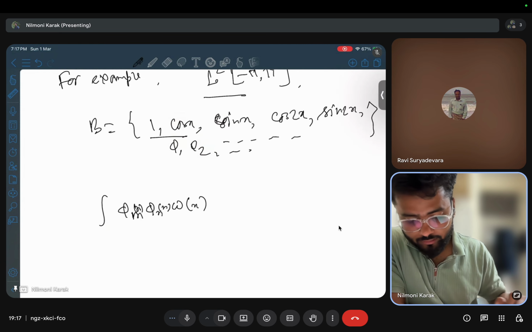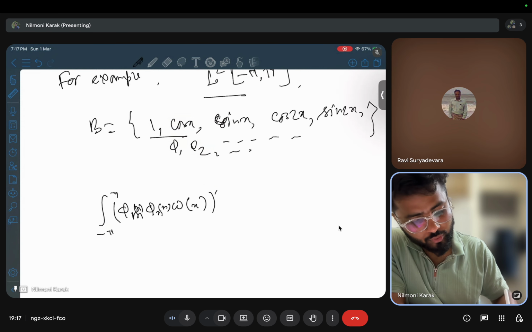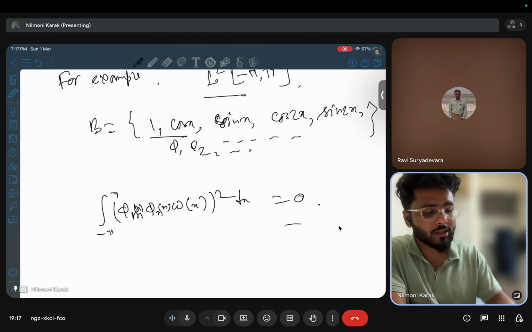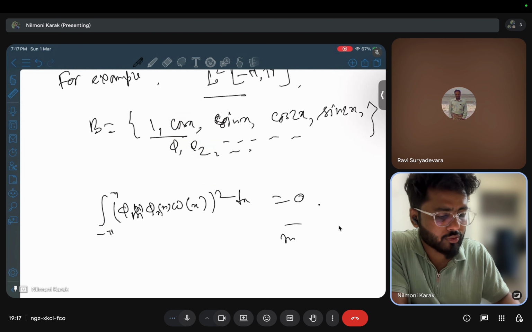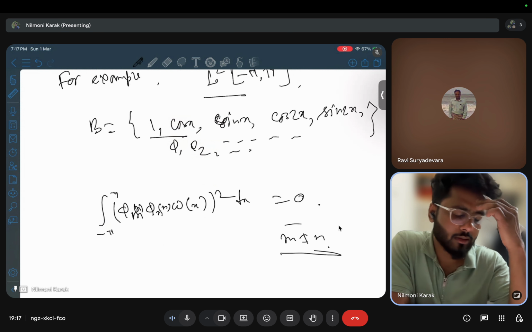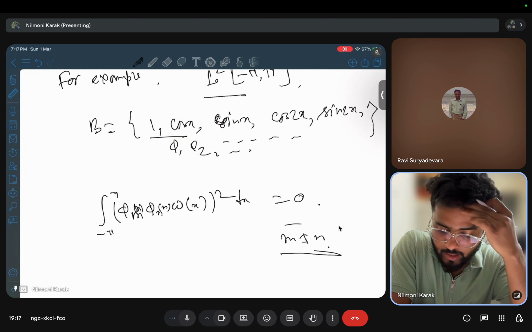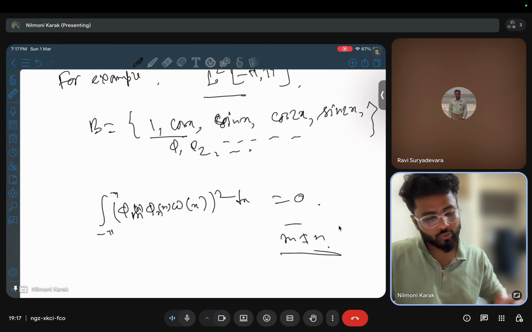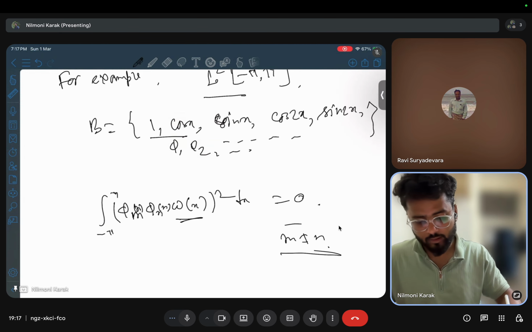So integral minus pi to pi, and if you do square dx, then if this is 0 for m not equals to n, then it is orthogonal. Now to show it, you have to choose a suitable omega x.